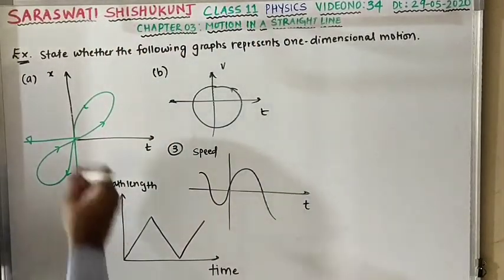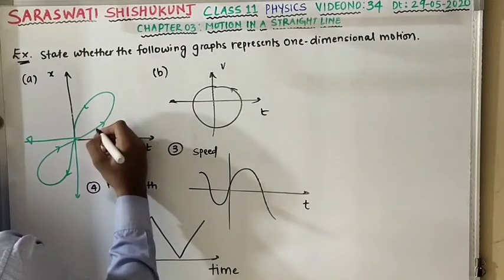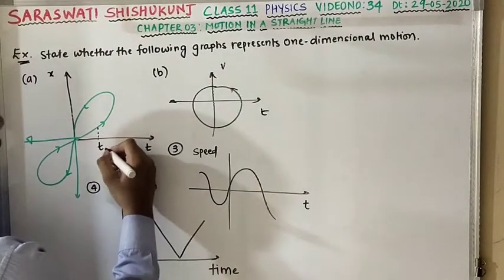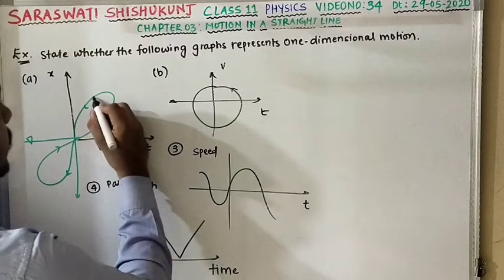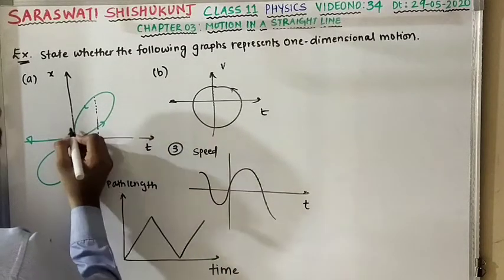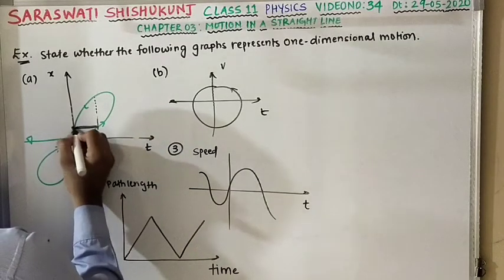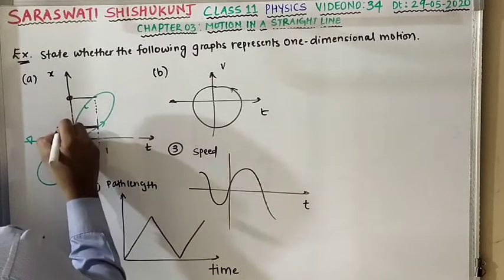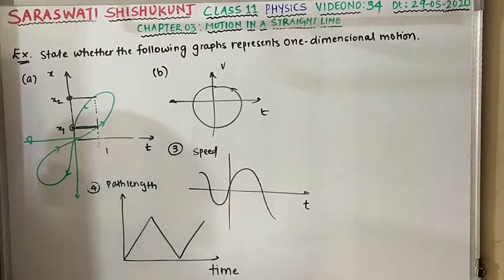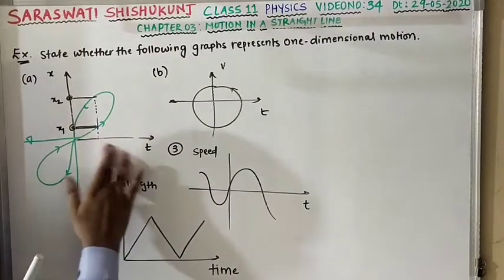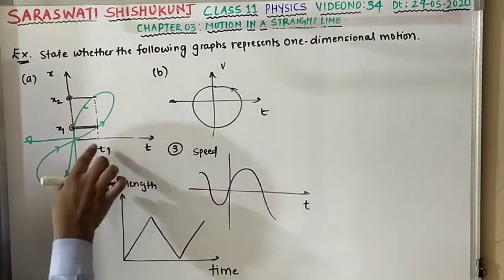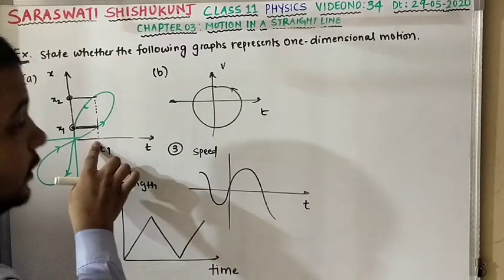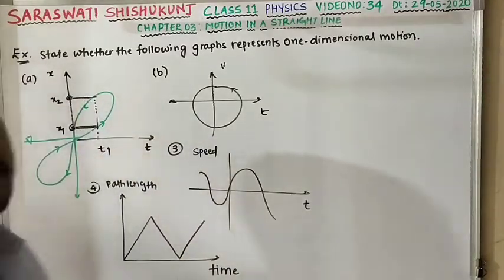You will be able to notice the first case over here. If I take any time instant t1, you will notice that this t1 has two values, x1 and x2. For any time t1, there are two positions x.